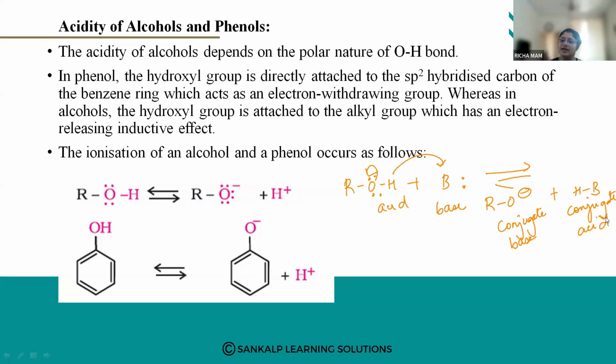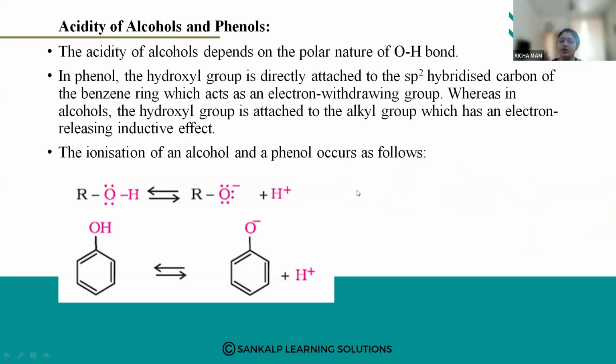Conjugate acid means it contains one more hydrogen atom, and the charge is also more. Conjugate base contains one hydrogen atom less and one more negative charge than the acid, so a negative charge is developed on the conjugate base.